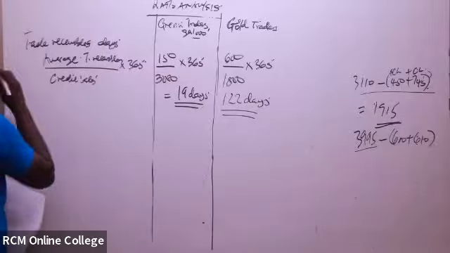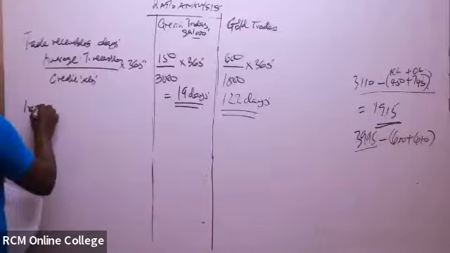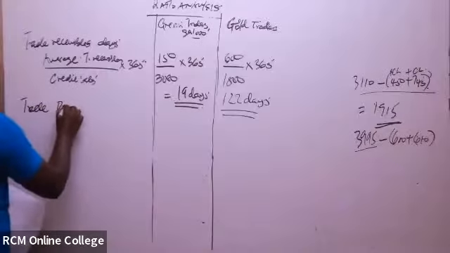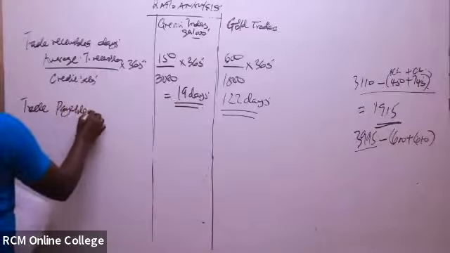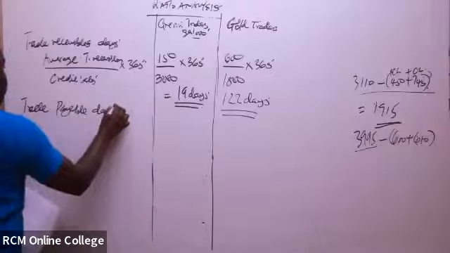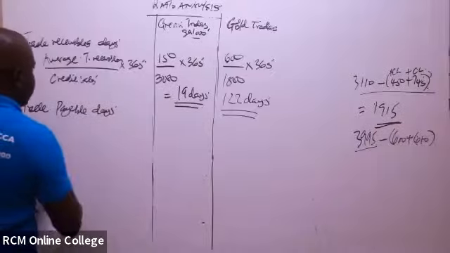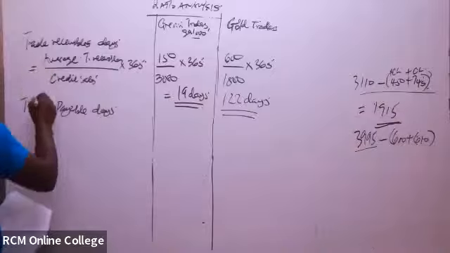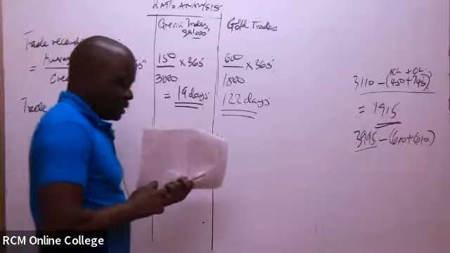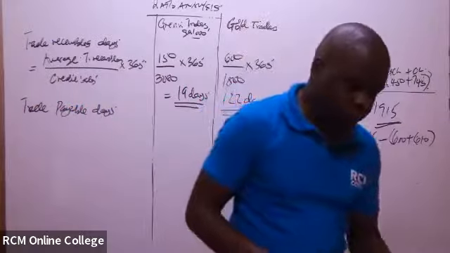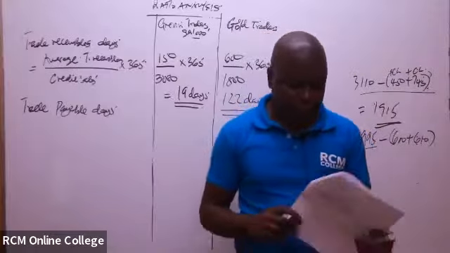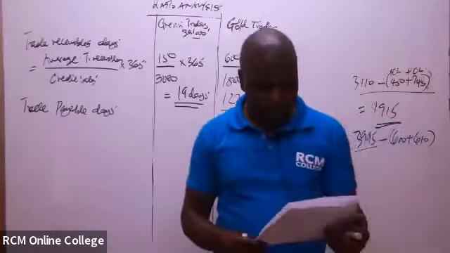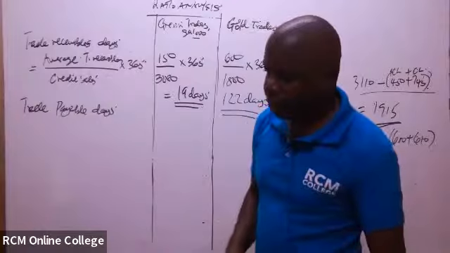So in this case, we'll have the trade payable days. What is the formula for the trade payable days?